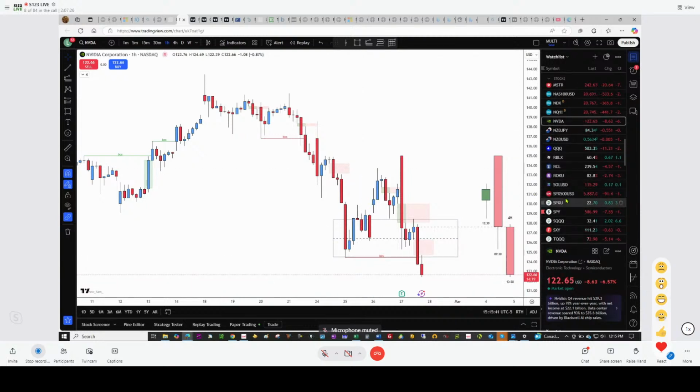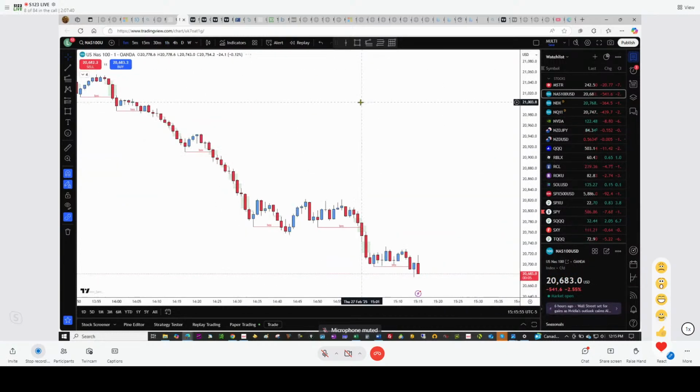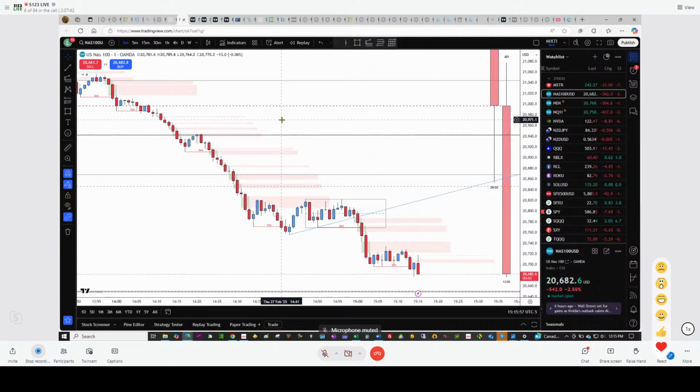I just got a second down move of the Tom DeMark trend line crossing to the downside, I should say. Which time frame, George? 1 minute, NAS.